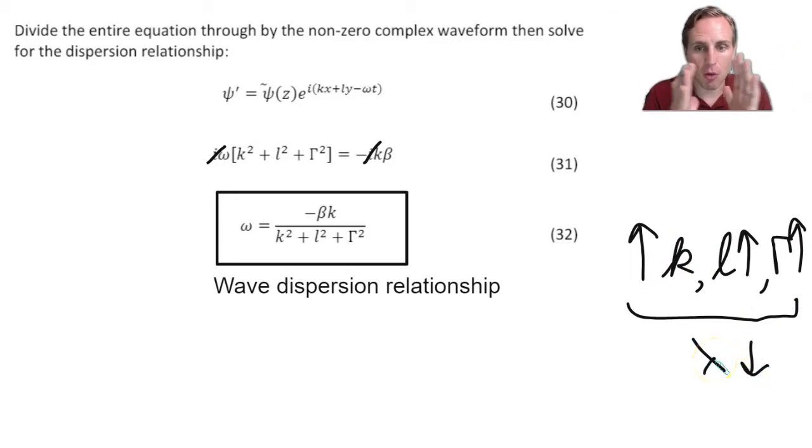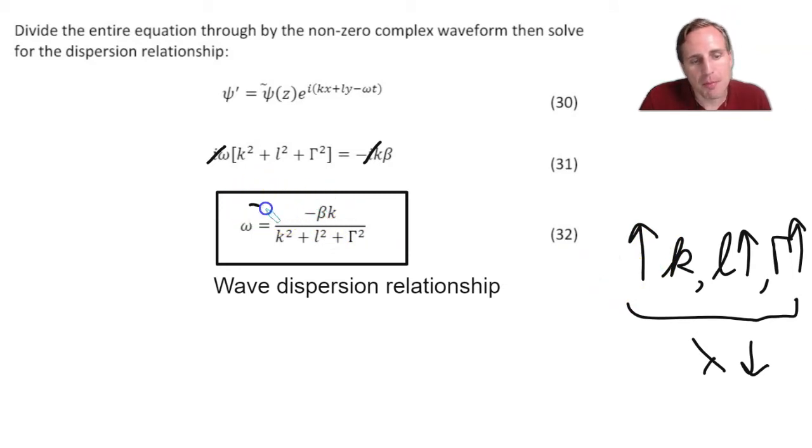So if we have small wavelengths, then we get large values of this fraction, and thus the phase speed is going to be large. That is, the propagation speed of short waves, of small wavelengths, is going to be relatively fast.